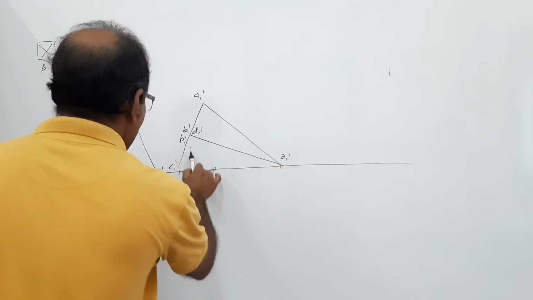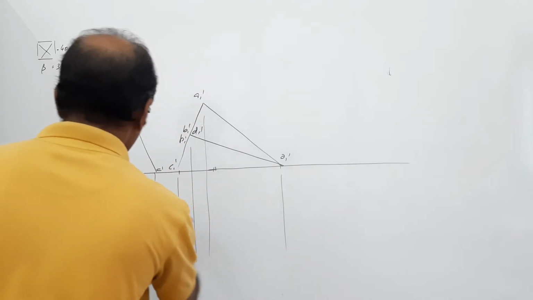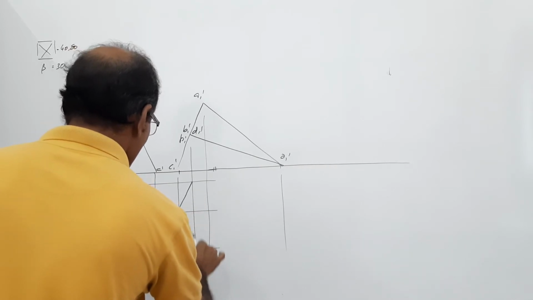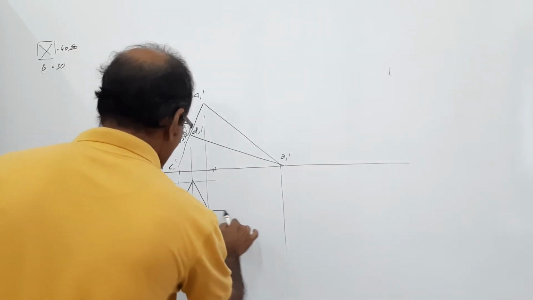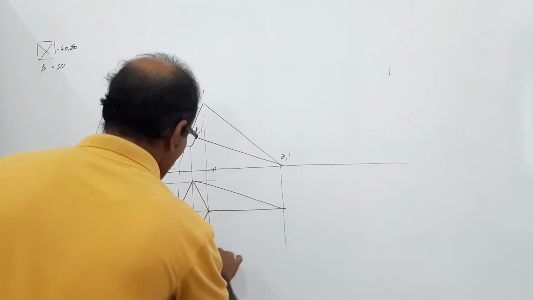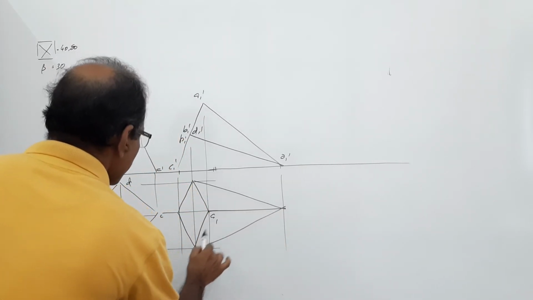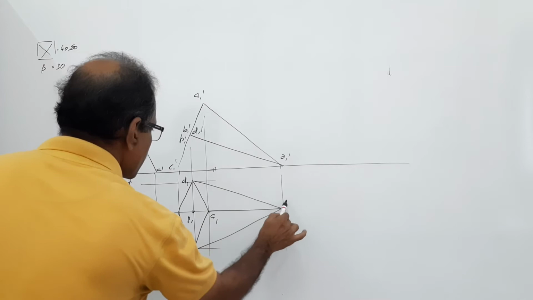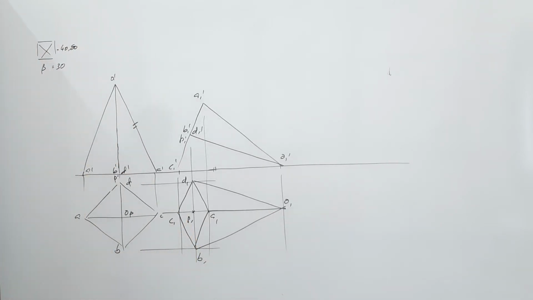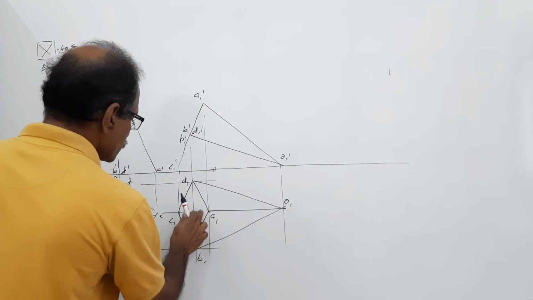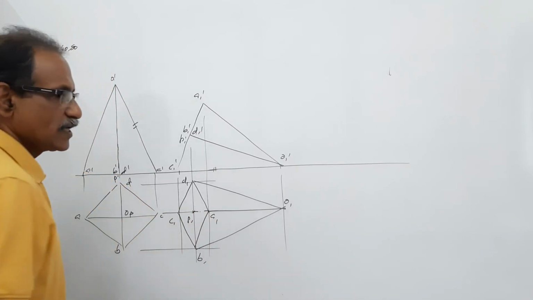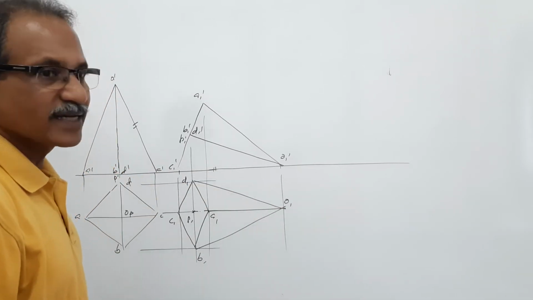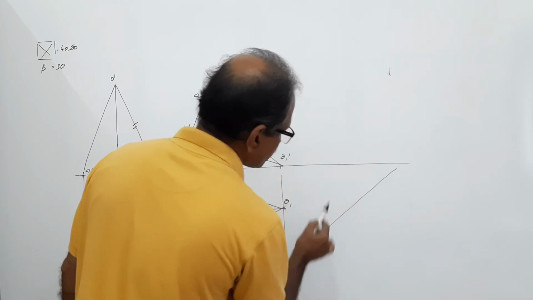Draw a new plan. A1, B1, C1, D1, P1, O1. Now redraw this. How? O1, P1, which you mark here as O2, P2, has to make 30 degrees. Draw a 30 degree line somewhere.